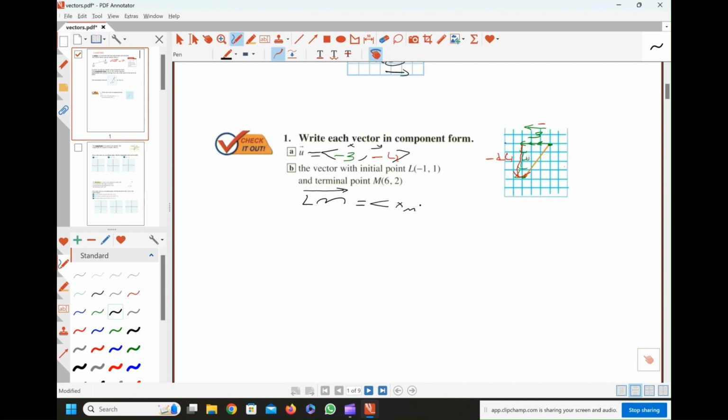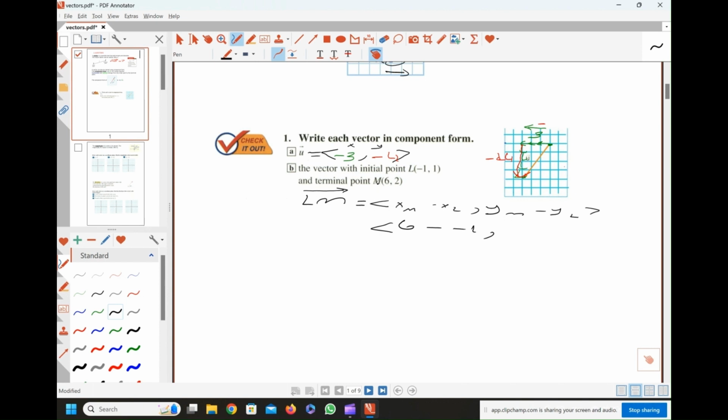So xM minus xL, comma. You do the same for y: yM minus yL. So what is xM? The final point for x is M, 6, minus the initial point for L, negative 1, comma, for y.